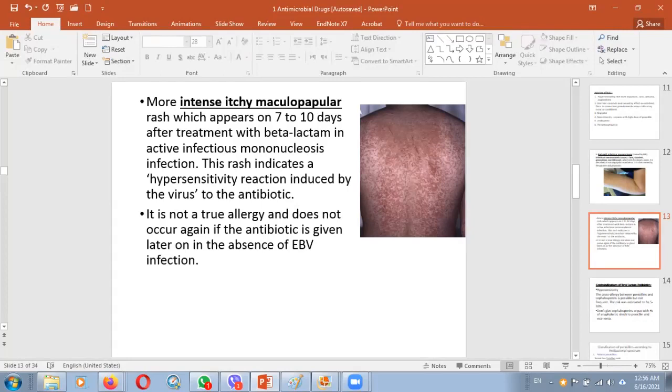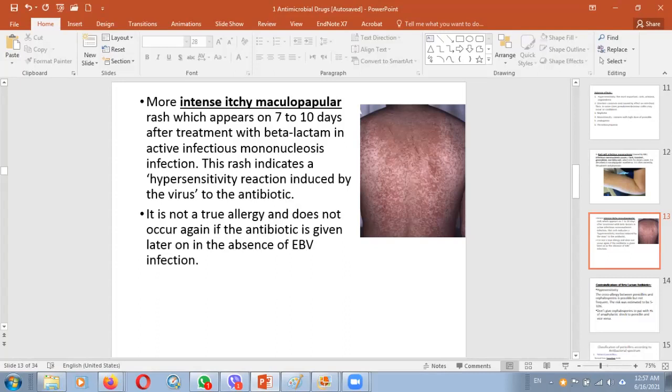Intense itchy maculopapular rash which appears 7 to 10 days after treatment with beta-lactam in active infectious mononucleosis infection. People who have this virus and then are given the beta-lactam develop this severe intense itchy maculopapular rash. This is a kind of hypersensitivity reaction induced by the virus to the antibiotic.